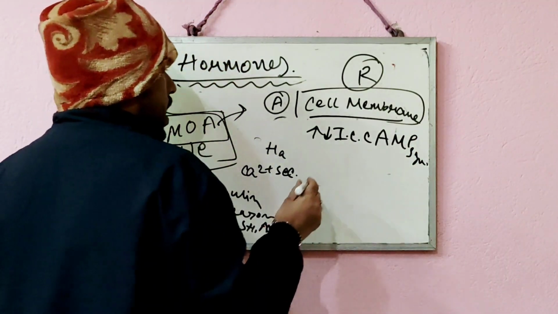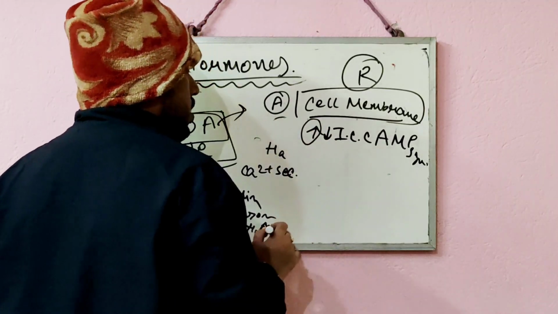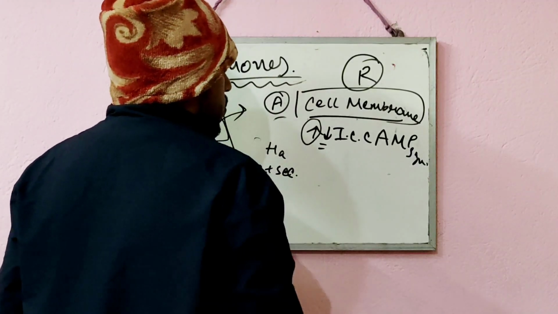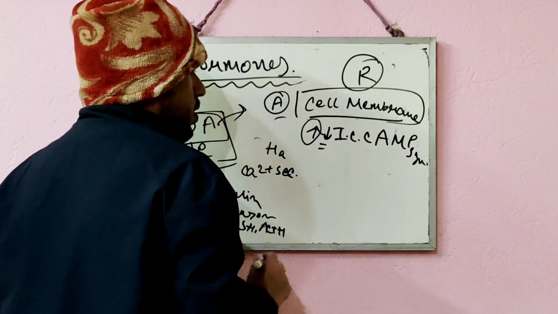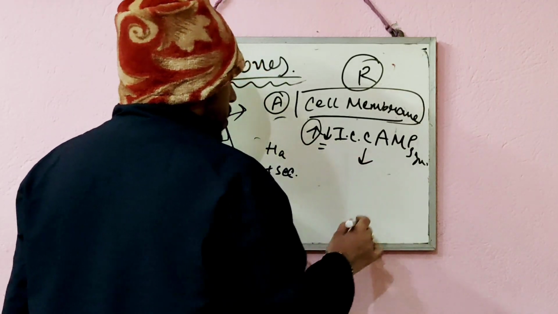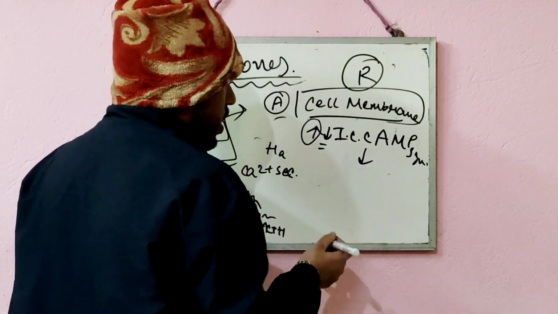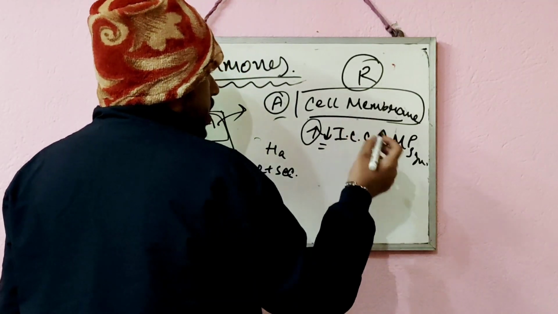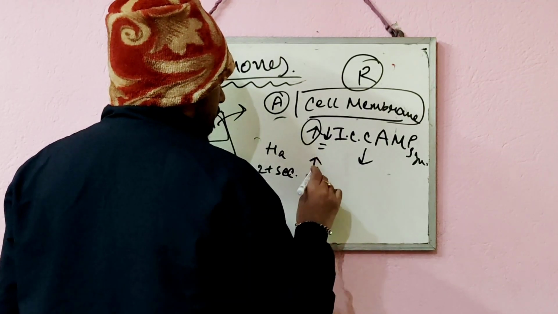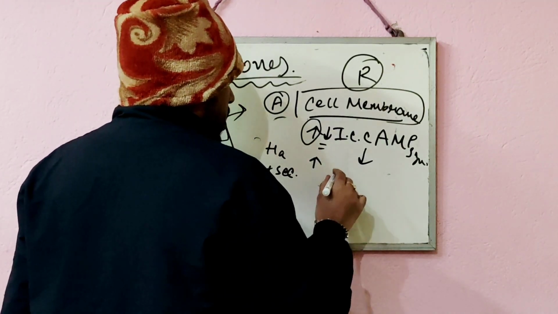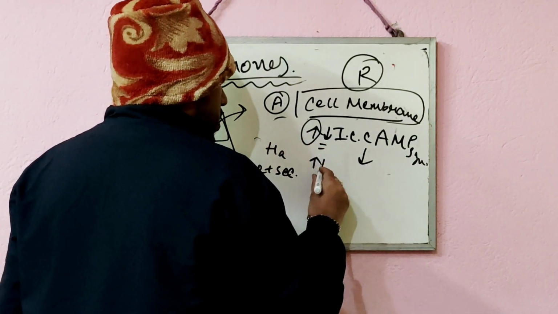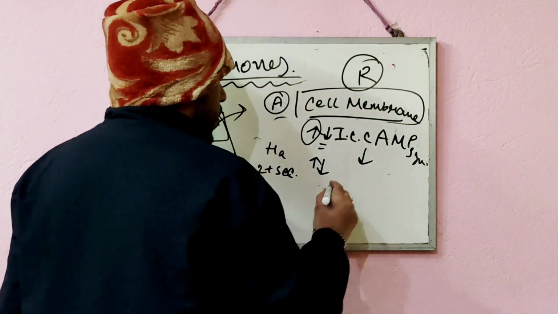They show their action either by increasing or by inhibiting the synthesis of intracellular cyclic adenosine monophosphate. By that, it triggers the activation of different protein kinases. If the synthesis of cAMP increases, that leads to increased activation of protein kinase. If cAMP is synthesized less or inhibited, then the action of protein kinase is also inhibited.